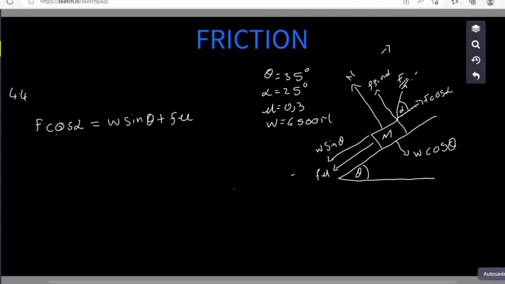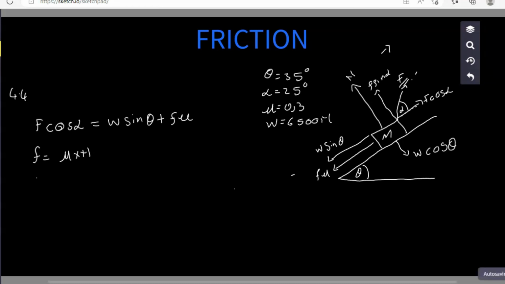And then from here we have everything, because we are looking for F. We have cos alpha and W sine theta, except for the frictional force. We know frictional force is given by mu times normal reaction.